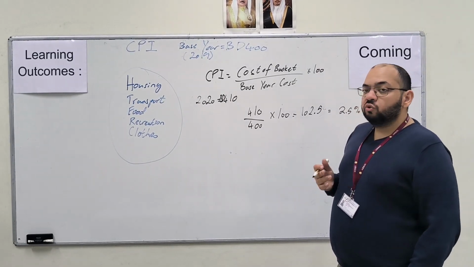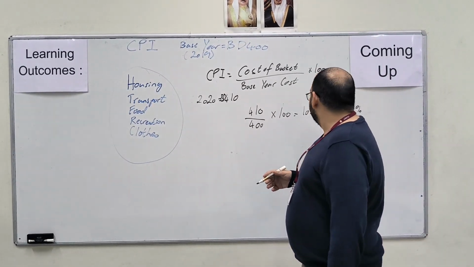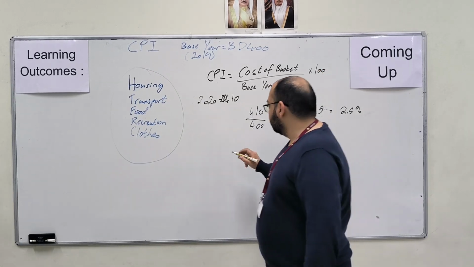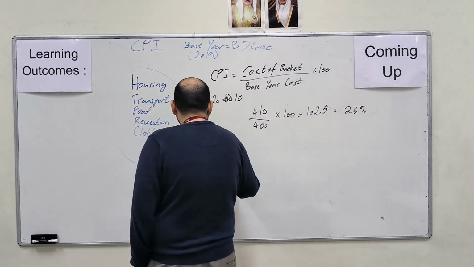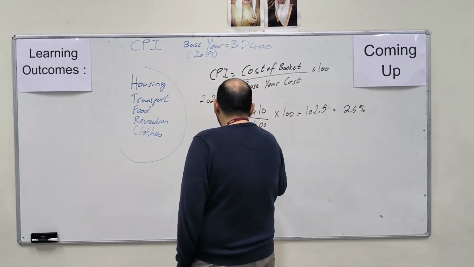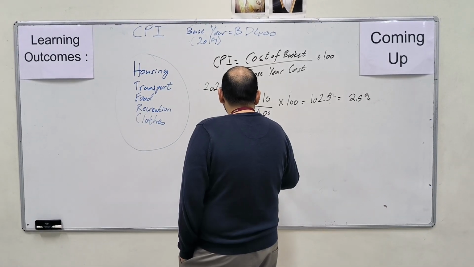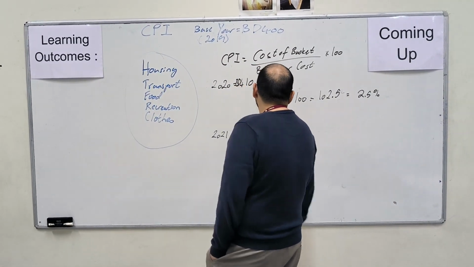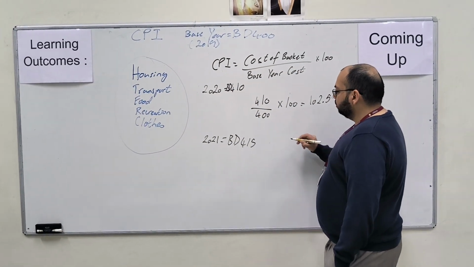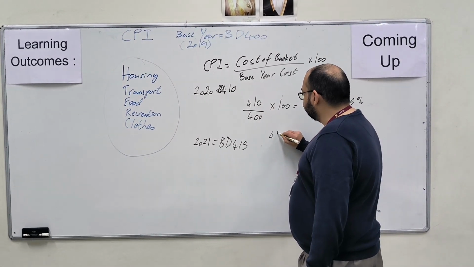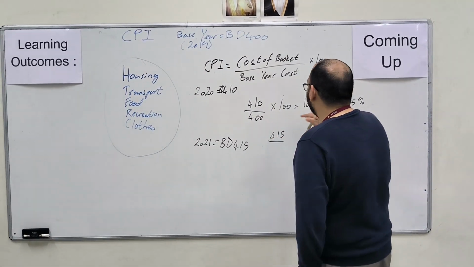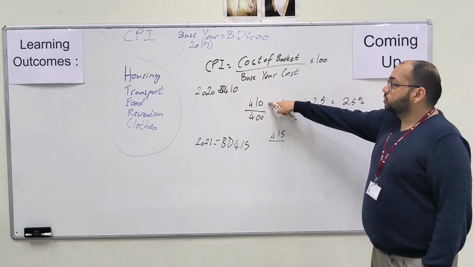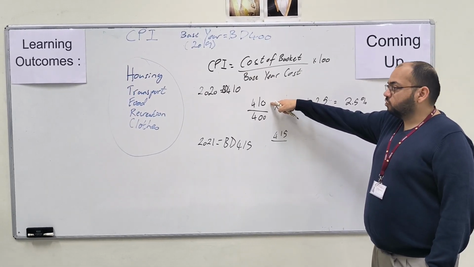Now, we can do this for the next few years as well. So for example, let's say in 2021, the same basket of goods costs 415. What we do is then, we do 415. We do not divide it by the previous cost of the basket in 2020.